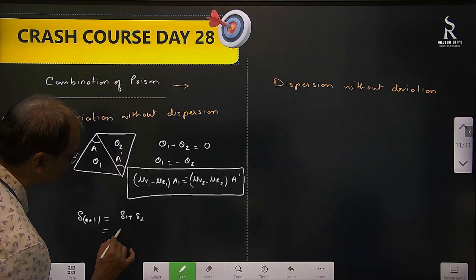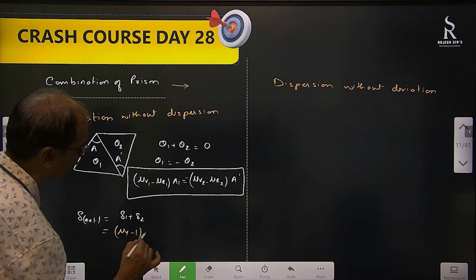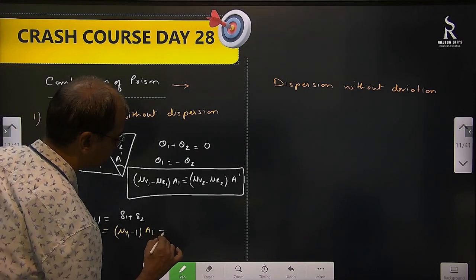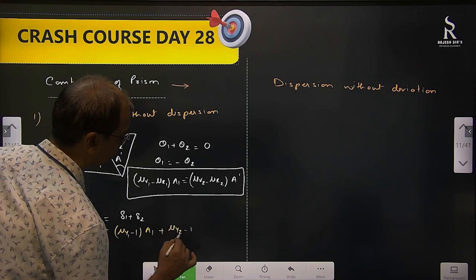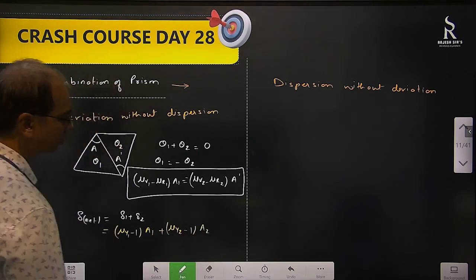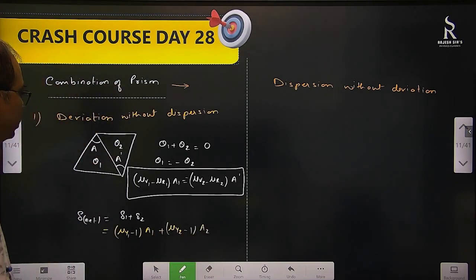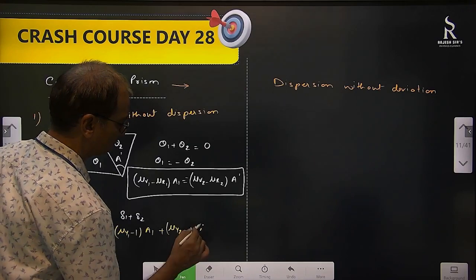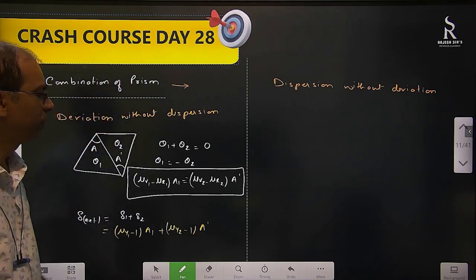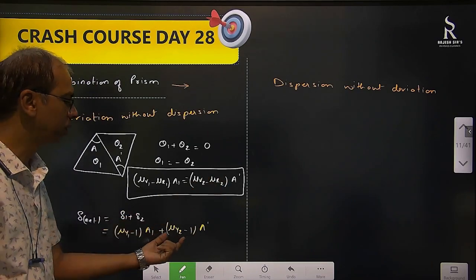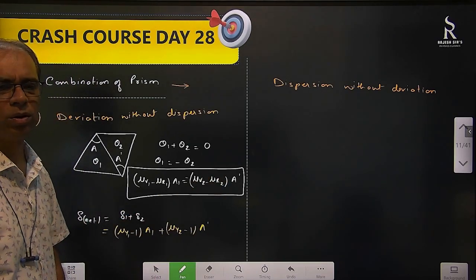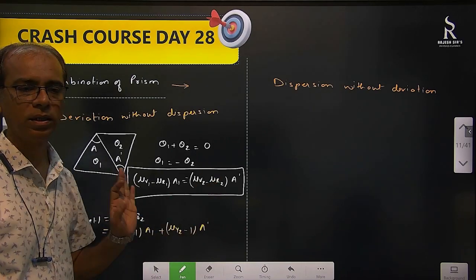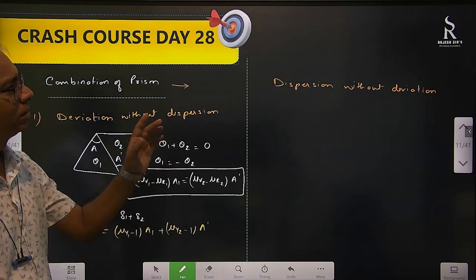Delta 1 will be written as mu y1 minus 1 into A1 plus mu y2 minus 1 into A dash. A1 and A dash, not A. So A dash value from where we'll be getting? From here, get A dash, we'll be putting into this one. That is it. You don't have to remember any formula here. Just take the A dash value from here and put it, and then get the answer. That will be delta net.